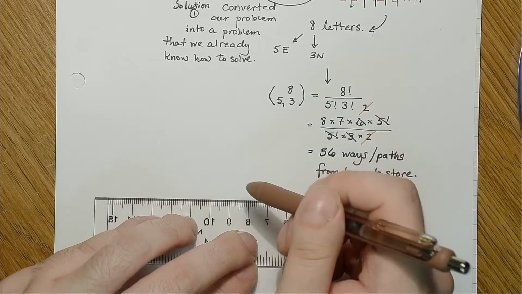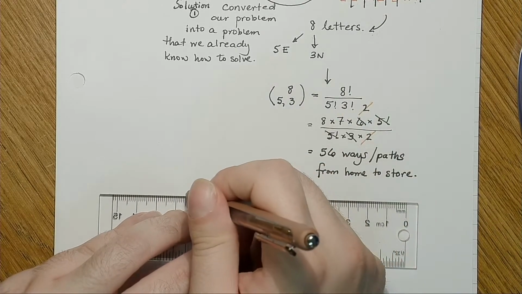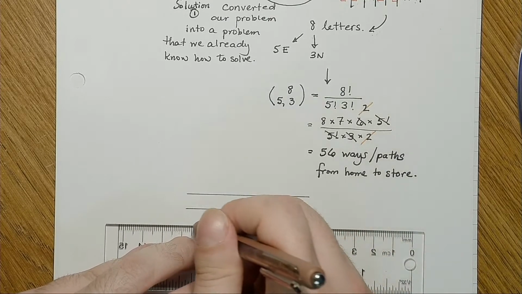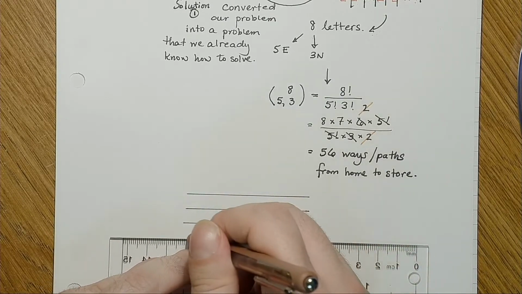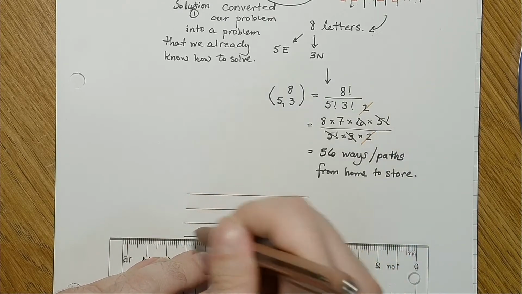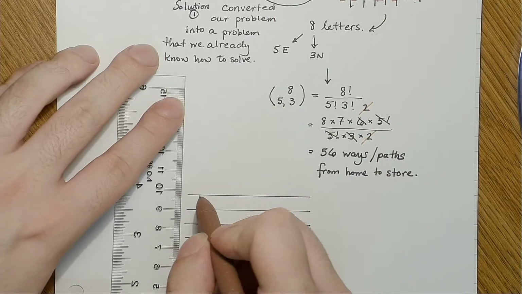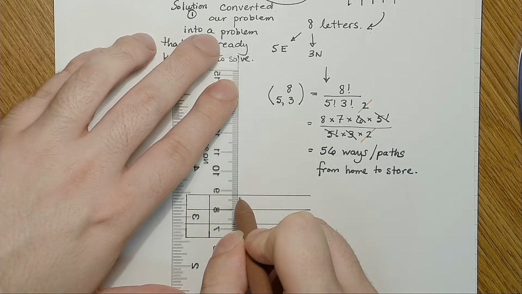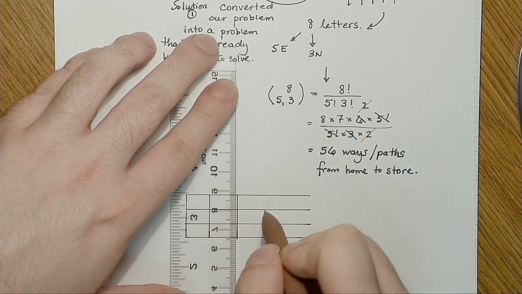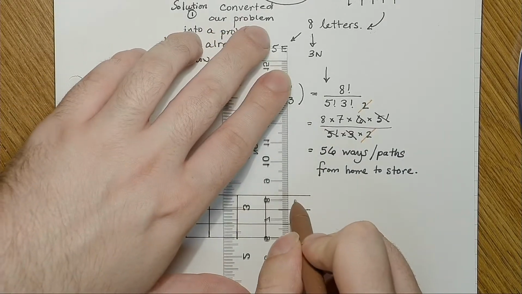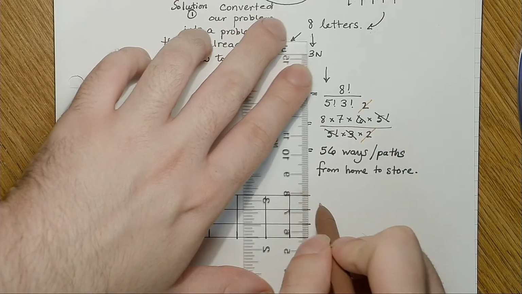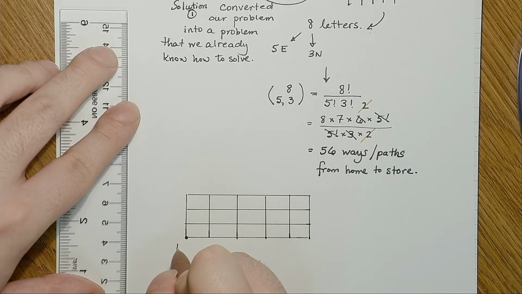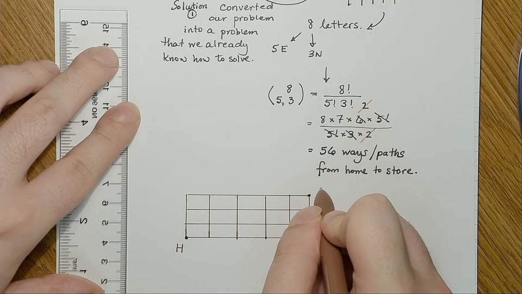So again, I'll draw out my grid, so there's 1, 2, 3. 1, 2. So there's 1, 2, 3, 4, and 5. So starting from here is my house. Here is the store.